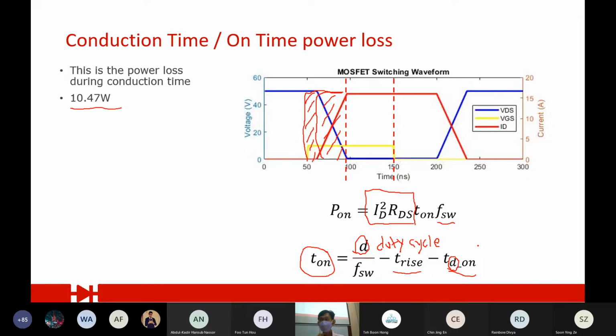Answer? Anyone get other than 10.47? I said please do it now, so you won't get it wrong during your exam.